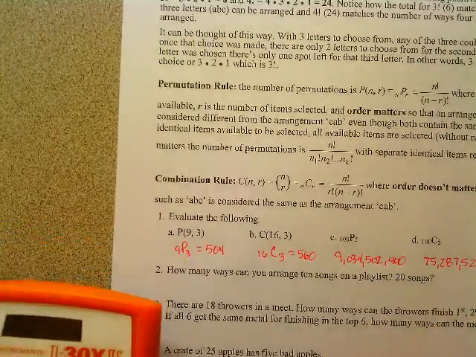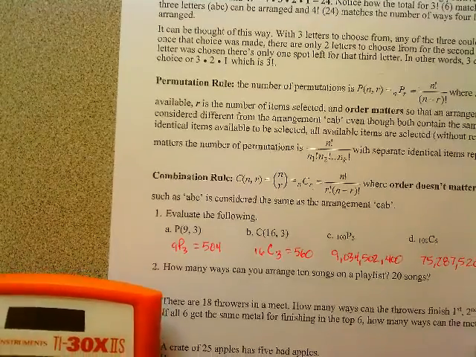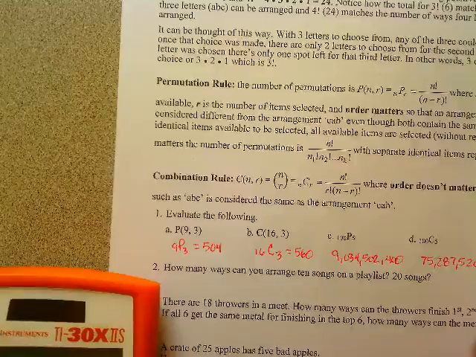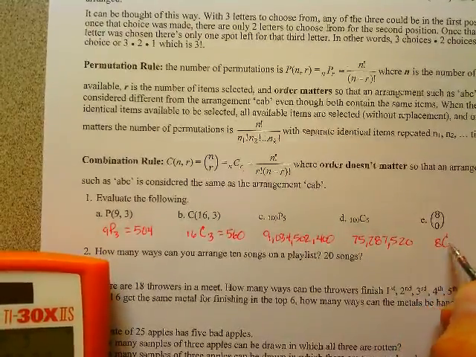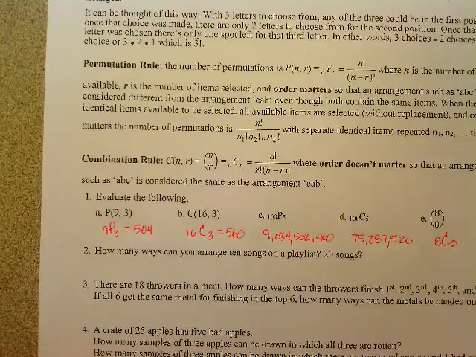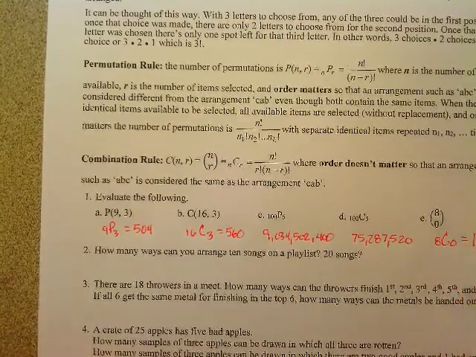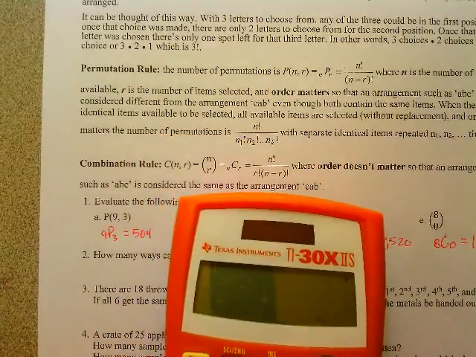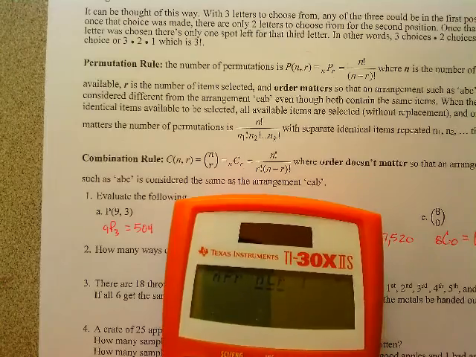And then this one here is the same as writing 8C0. And you might remember from before that anytime we end in 0, it's just a 1. So let's go ahead and do that. 8, PRB, move over 1.